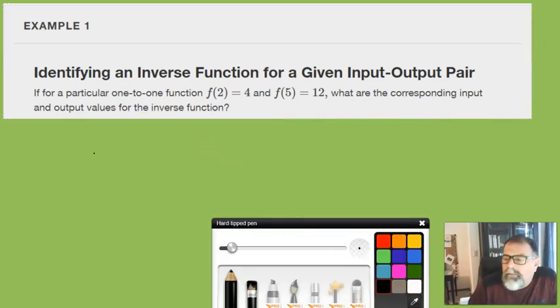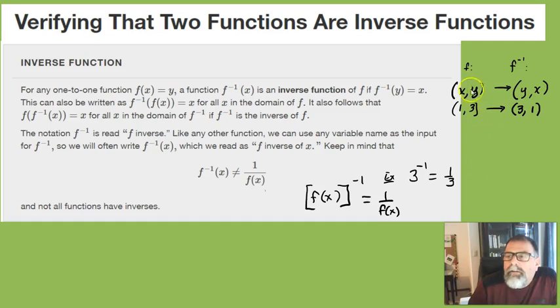So remember what I was saying here. If this xy is in, so again, xy thinking of it as input-output, to get the inverse, you're going to switch them. So the output for f becomes the input for f inverse. And the input for f, the x, becomes the output for f inverse.